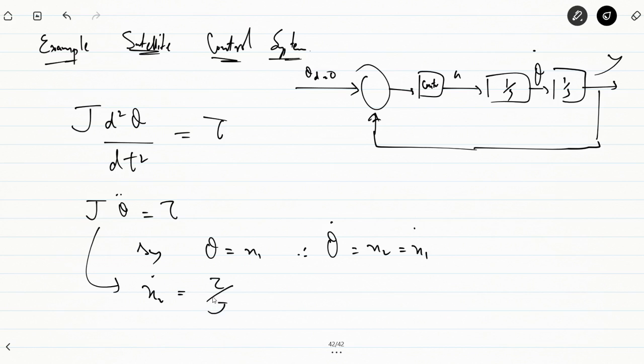So you have x1 dot equal to x2 and x2 dot equal to tau divided by j.